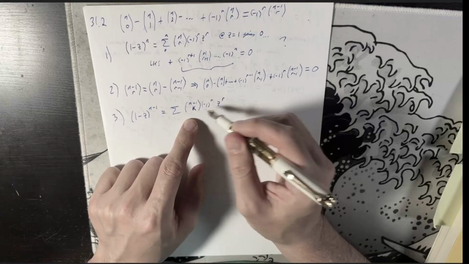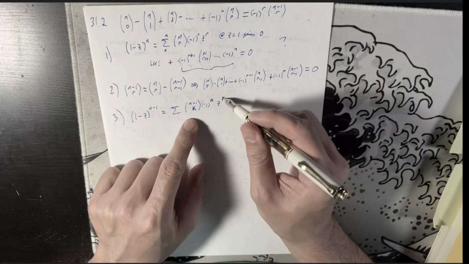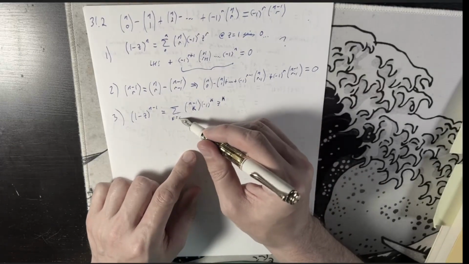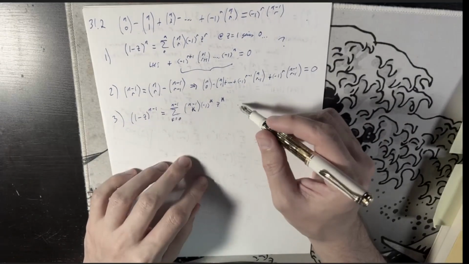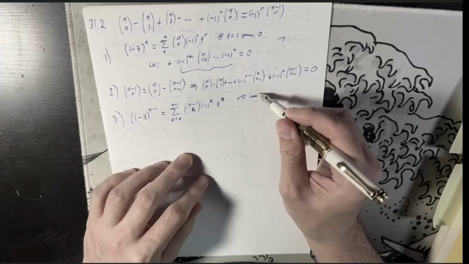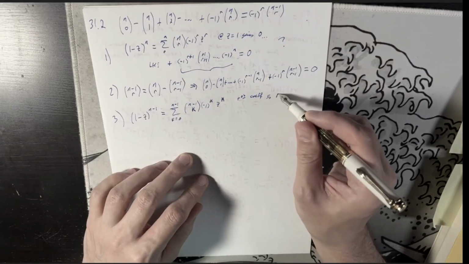Like, replace this with k's. And then look at the particular case, the rth coefficient of this is our right-hand side, of course.